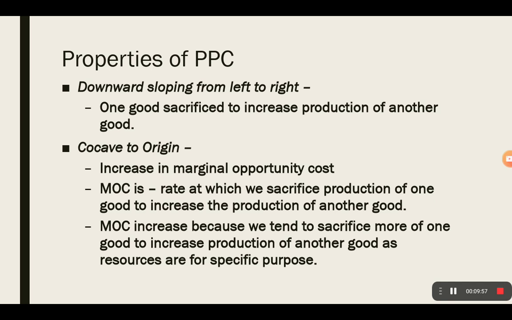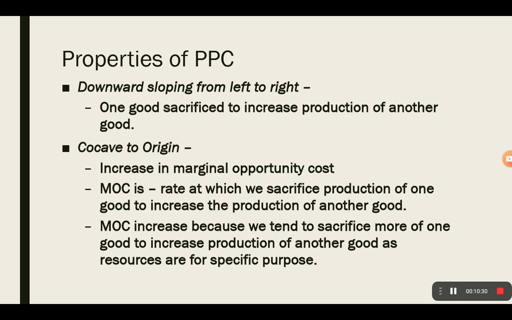This is because we sacrifice one good's production to increase the production of another good. Without sacrificing one good, another good cannot be increased, and therefore, since we are sacrificing the production of one good to increase the production of another good, we have a downward sloping PPC from left to right.